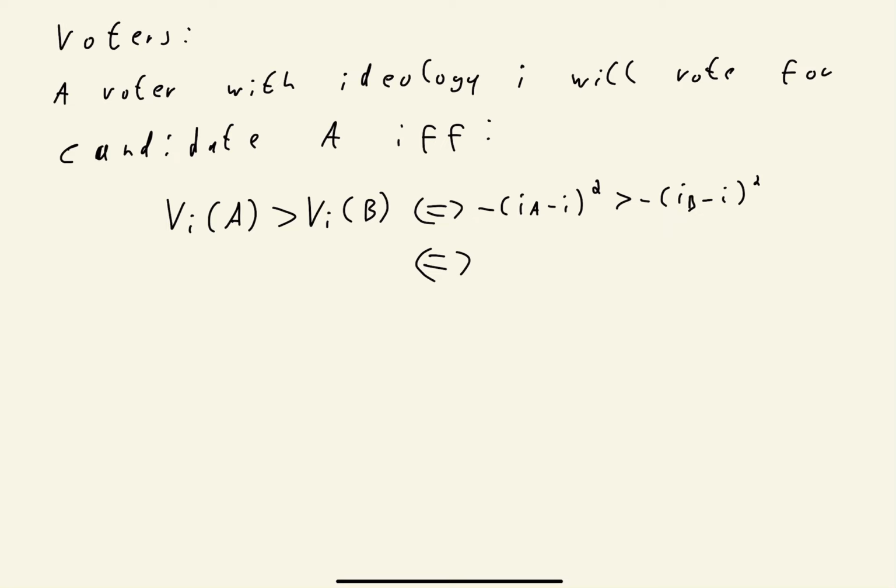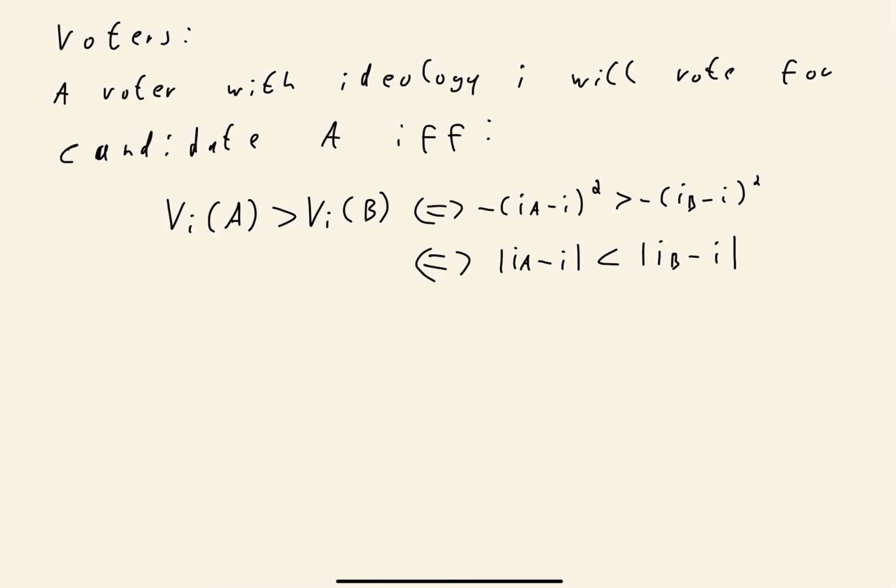So you vote for candidate A if your ideology is closer to the chosen ideology of A rather than that of B. That is, if the absolute value of the difference between IA and your ideology I is strictly smaller than the distance to the ideology of B. So if this holds, then you vote for candidate A. If it's the other way around, you vote for candidate B.